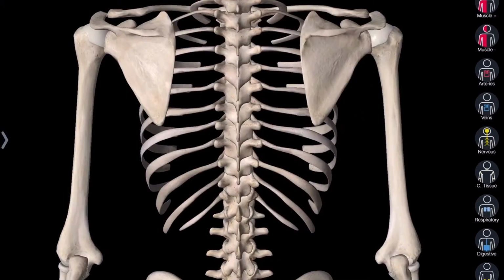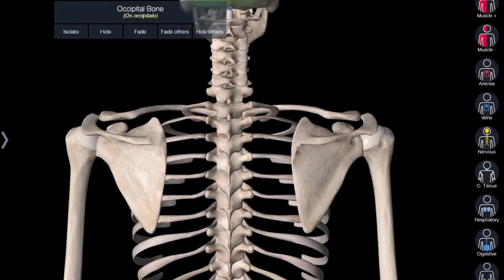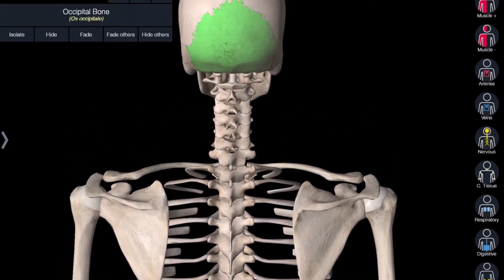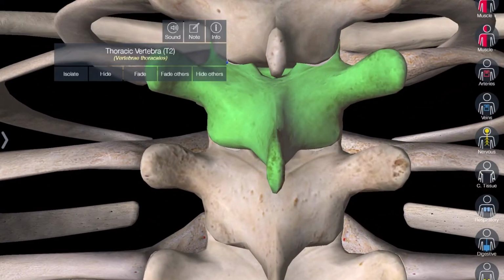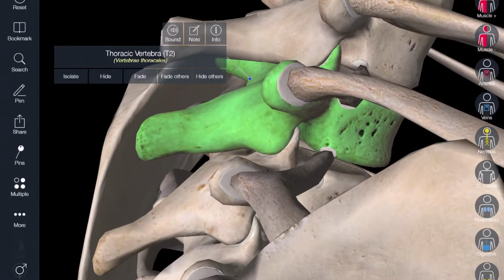Okay, and we will be looking at superficial muscles of the back today, and those muscles are going to attach to some bones that we haven't talked about yet. One area that we're going to have a muscle attaching to is the occipital bone. That's the most posterior bone of the skull. We'll also have muscles attaching along the spine, along the vertebra, and specifically, if we look at a vertebra, we can see the spinous process here.